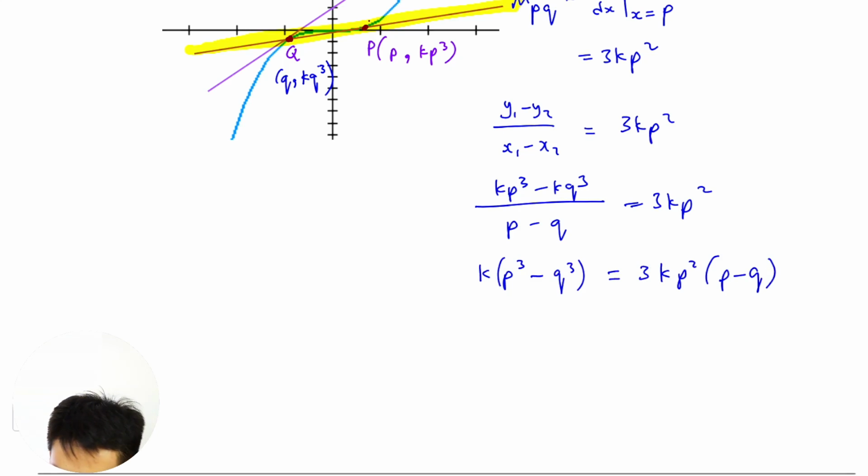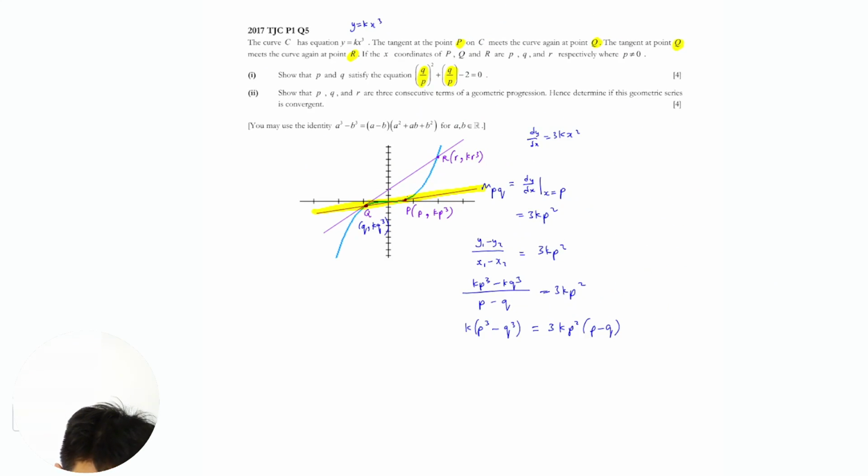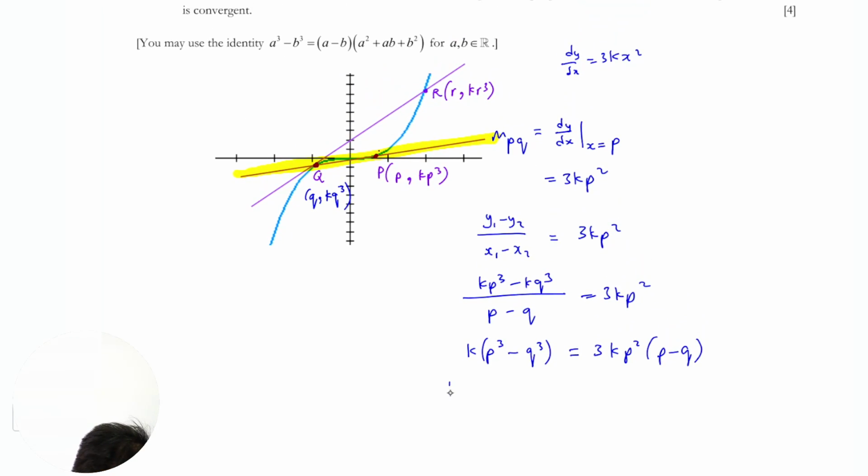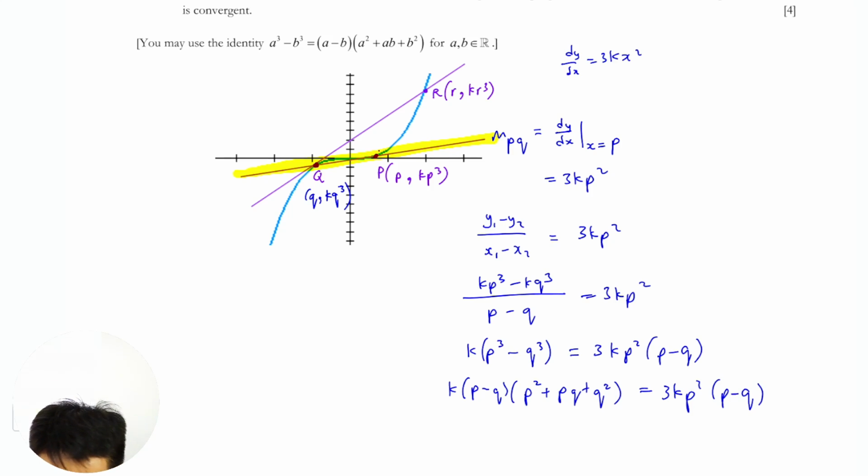Okay. Then the difference of cubes, you can use the formula here, which is given. You don't need to memorize. Usually if you need to use it, they will give it to you. Okay, there you go. What you do is you cancel away.